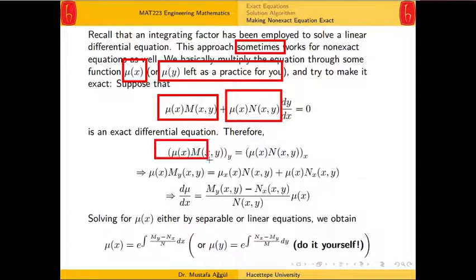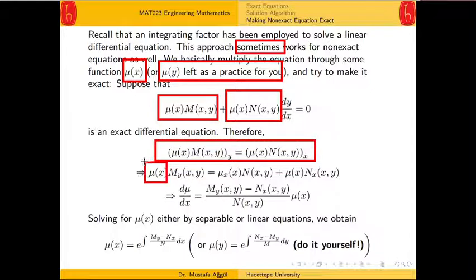On the left hand side, mu of x is only a function of x, so it behaves like a constant, and we can take it out of the differentiation because it is a derivative with respect to y.